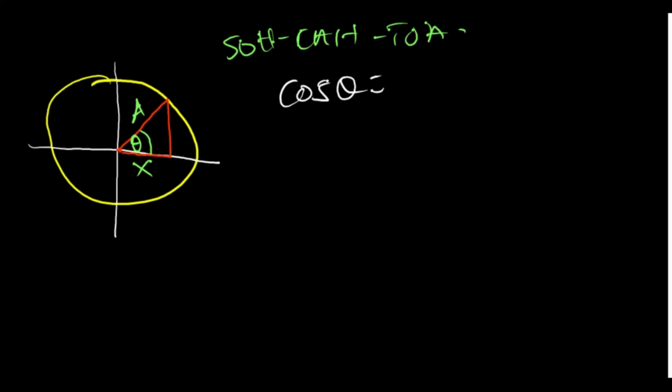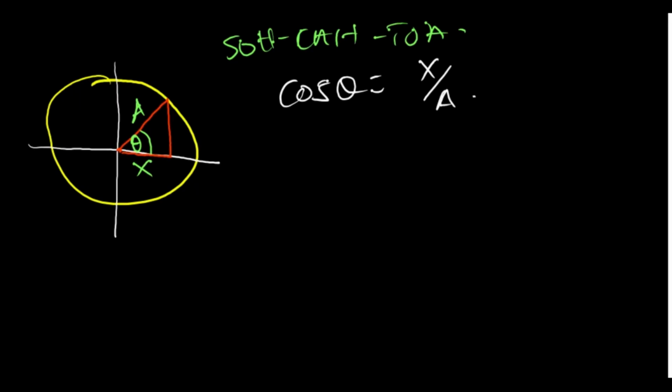So now we can use SOHCAHTOA to come up with the trig function which is going to help us find the displacement. For us to find x, we can use cos. We know that cos theta is going to be equal to the adjacent, which is x, divided by the hypotenuse, which is a.